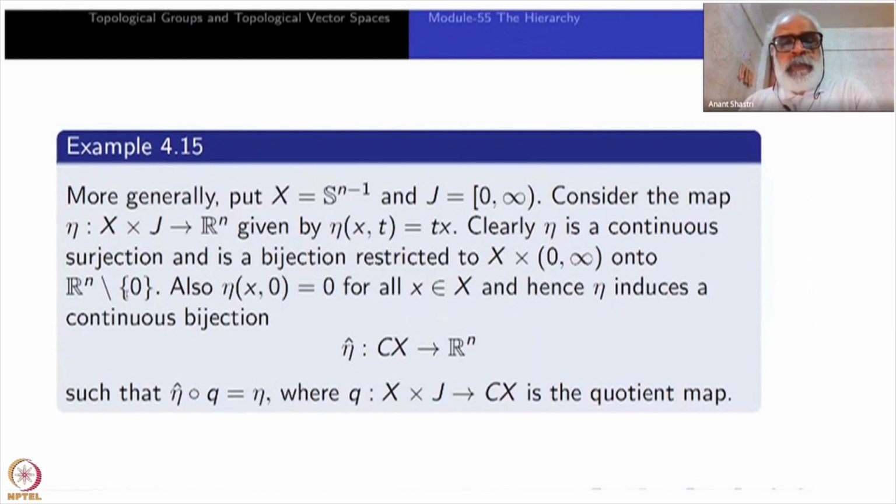If you throw away the 0 from here and 0 from here, that is obvious because there eta(x, t) equals tx, unique. So how do you get (x, t)? The first coordinate is v divided by norm v, the second coordinate is norm v.